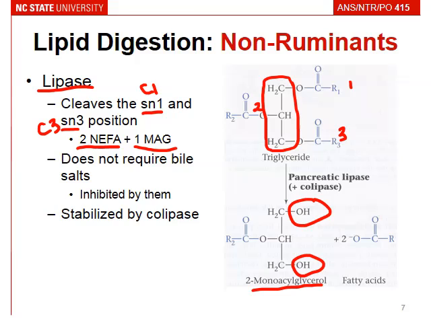Our lipase actually does not require bile salts for its action, and its action is actually inhibited by the bile salts. So why do we have bile salts? Well, that's what we need colipase for. Colipase stabilizes the lipase in the presence of the bile salts, and colipase requires bile salts.